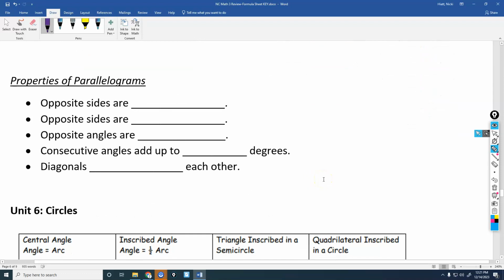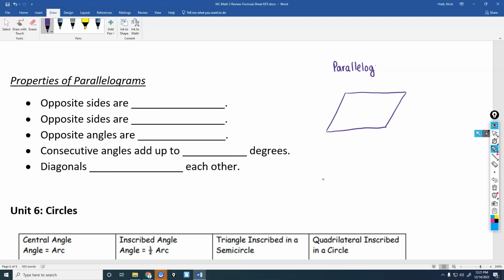All right, properties of parallelograms. For a parallelogram, remember those look like this. Let's draw us one over here. Let's say that this parallelogram is named A, B, C, D. When you label a parallelogram, because it matters on one of those release test problems, you have to label it by going around the edges.